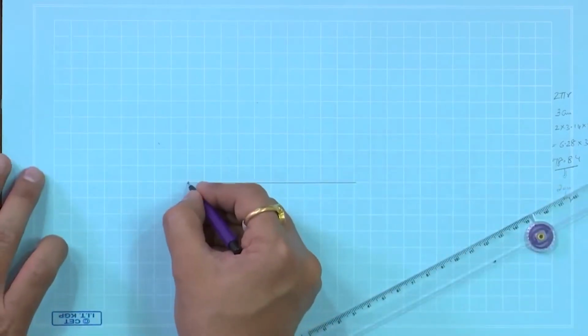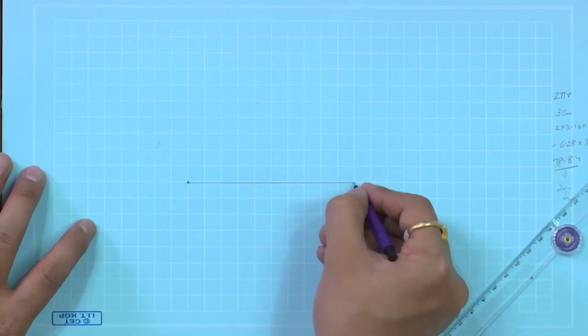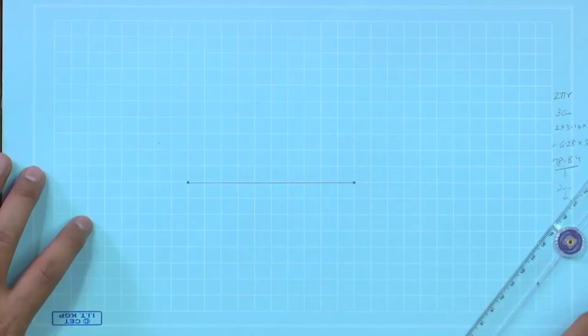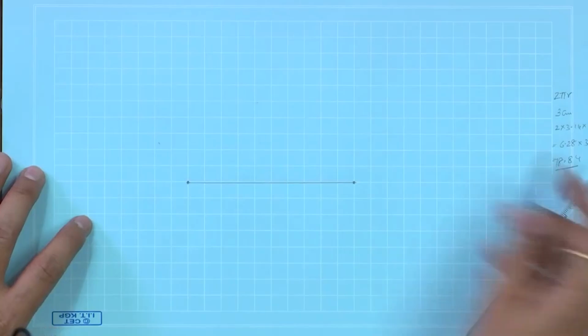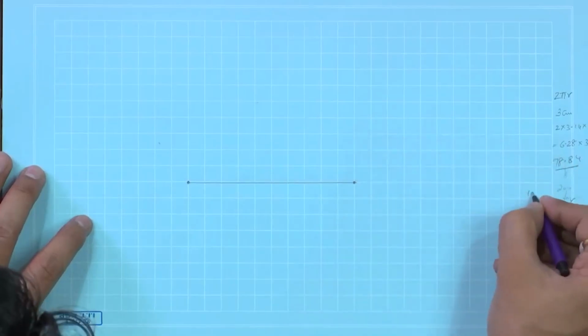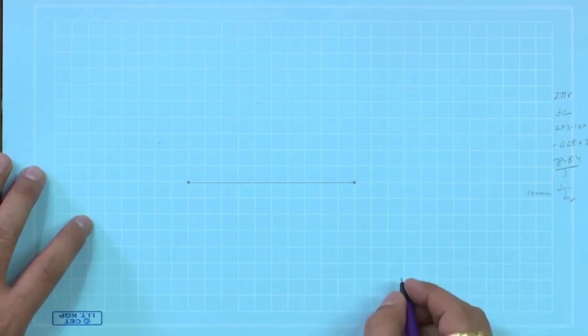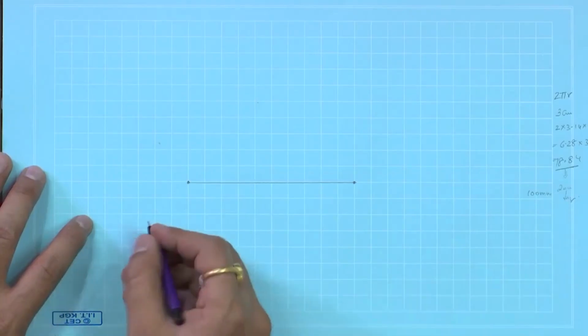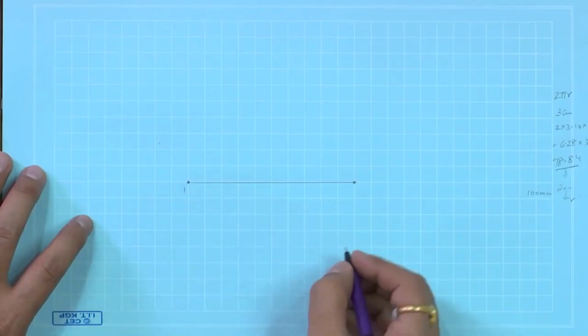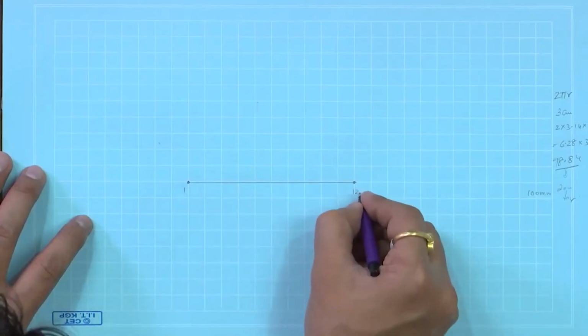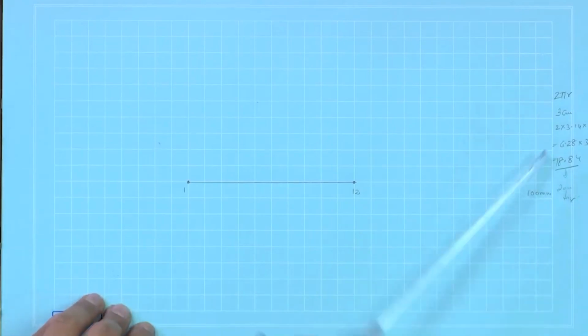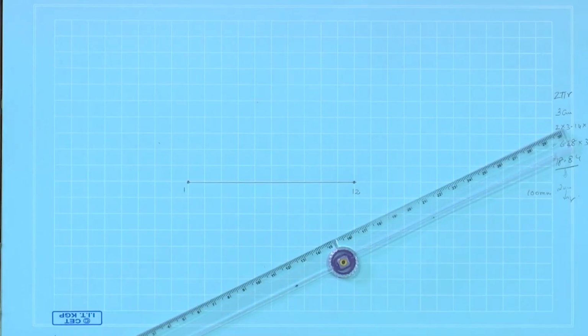So, the baseline begins here, ends there, which is 100 millimeters. 100 millimeters is the baseline. Let us call that point 1 here and 12. Divide this 100 mm into 12 equal divisions.